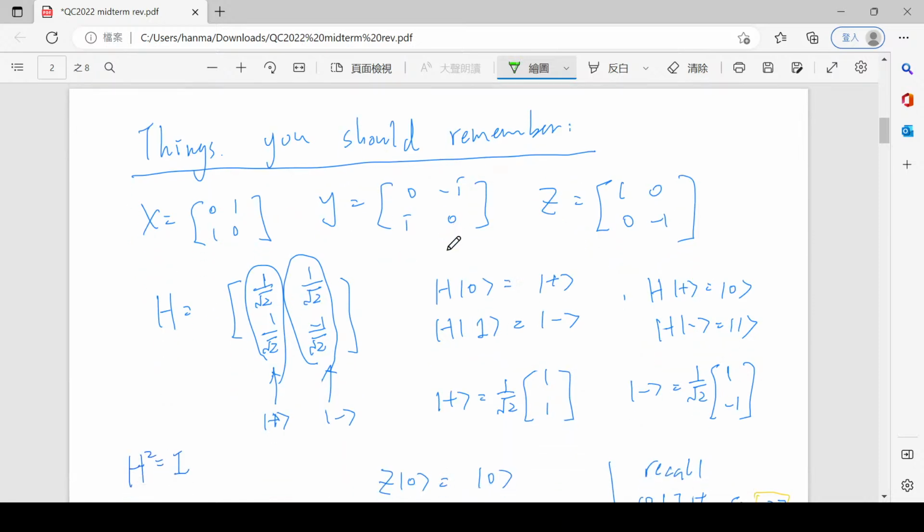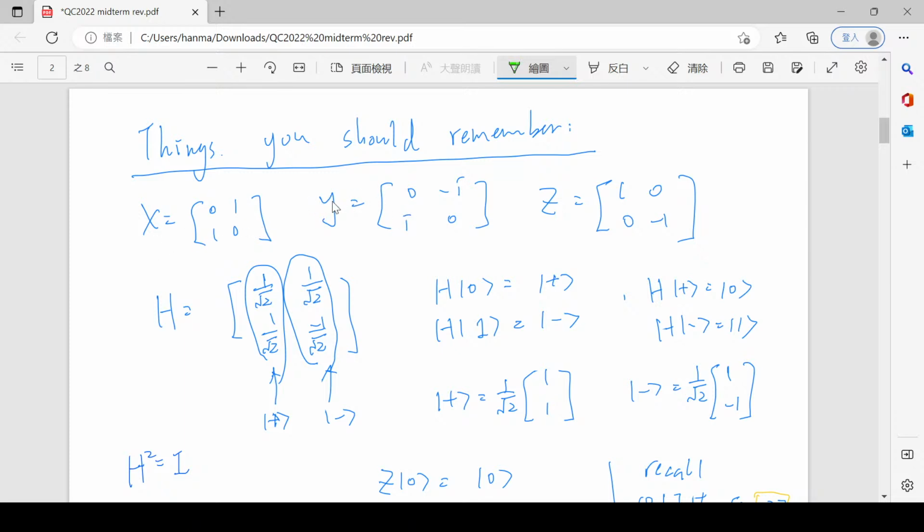First is notations. Hopefully you are all very familiar with this now, but once again, those three matrices are our favorite Pauli matrices. We see them a lot. Pauli X, in matrix form, is 0, 1, 1, 0.